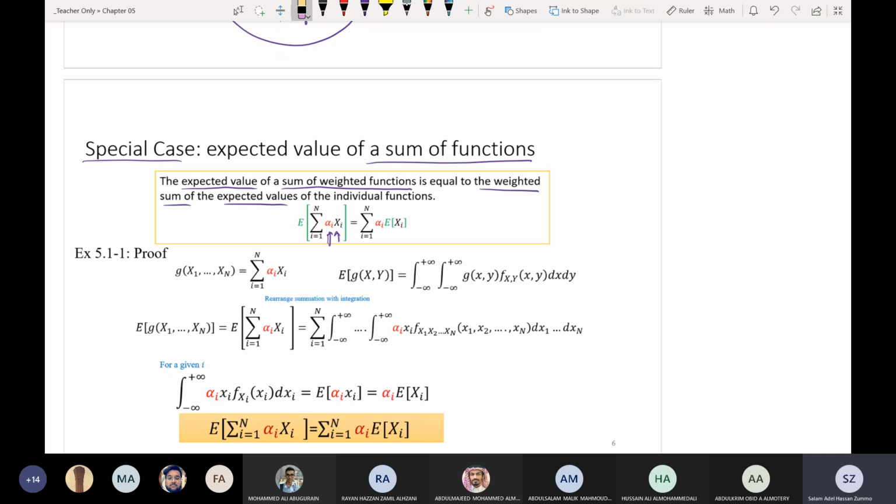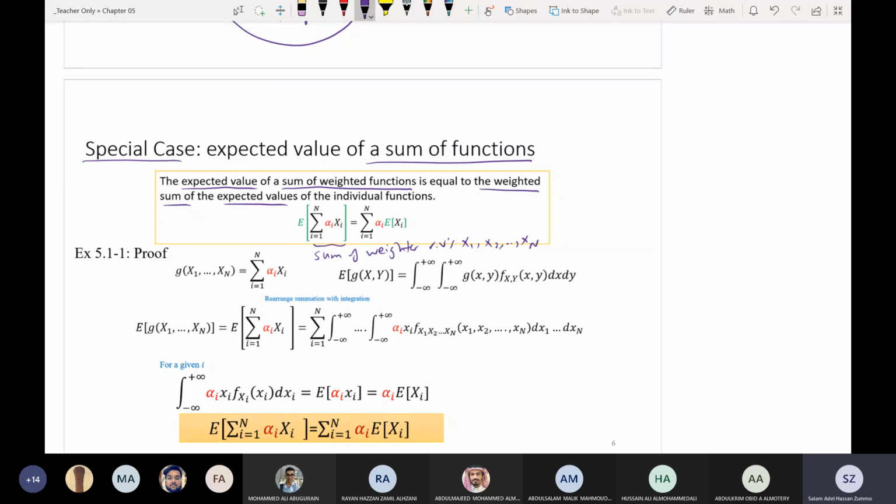So here what do we have? This is called what? Expected value of a sum of weighted random variables, x1, x2, up to xn. Each random variable of them has a weight alpha i.